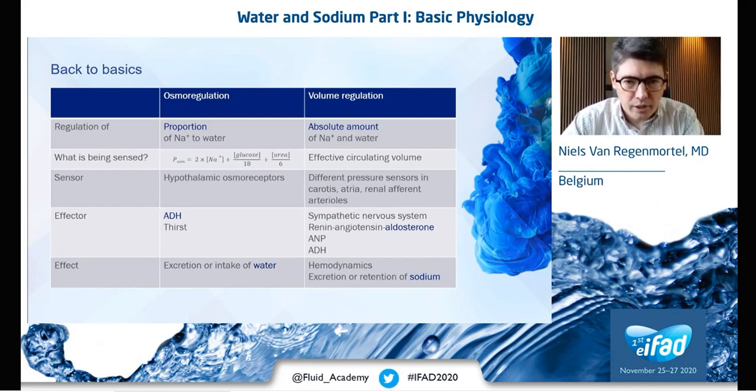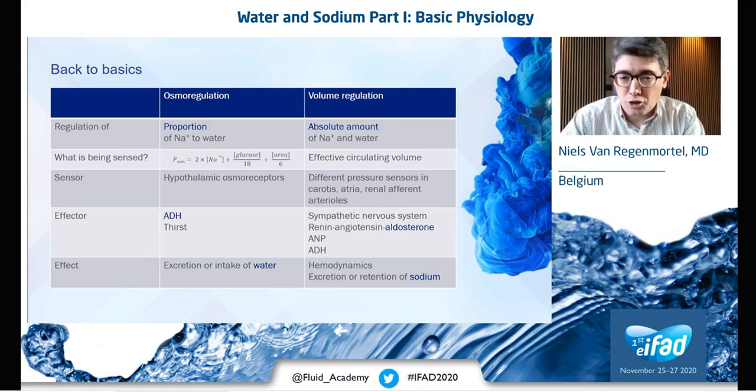On the other hand, we have volume regulation, and now we regulate the absolute amount of water containing sodium, of course. Now we will try to regulate a volume, and what is exactly being sensed is called the effective circulating volume, which is kind of a virtual concept.